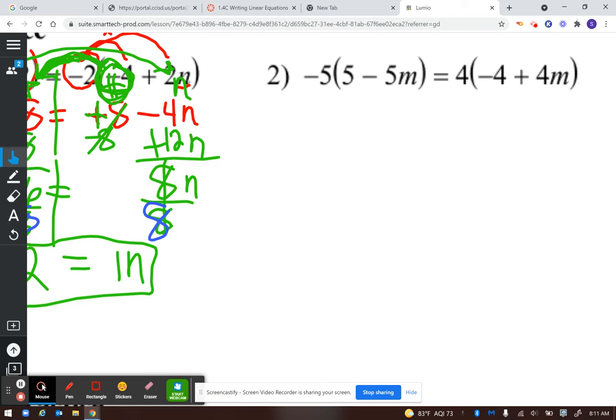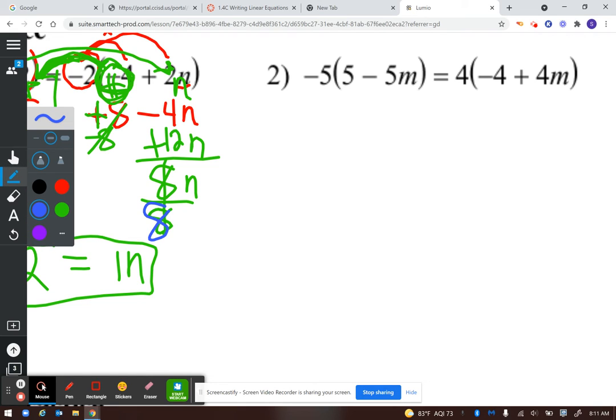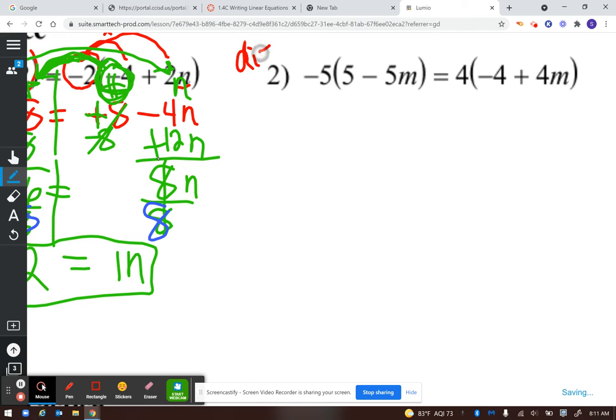So here we go. Step number 1 is distribute. When you distribute, it means multiply. So negative 5 times 5 is negative 25.